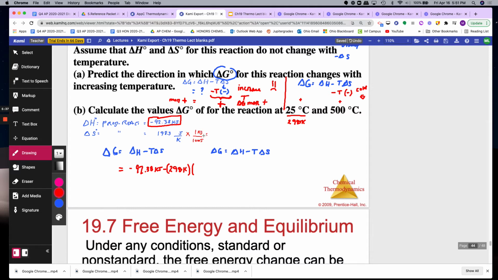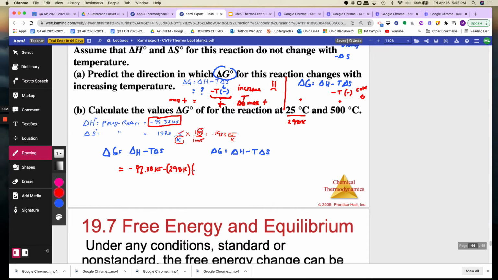So I'm going to get 0.1983 kilojoules over K. This cancels, so you get kilojoules over K, right? So that goes right here.